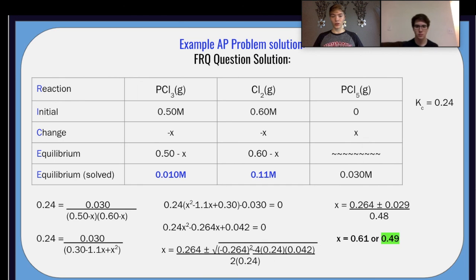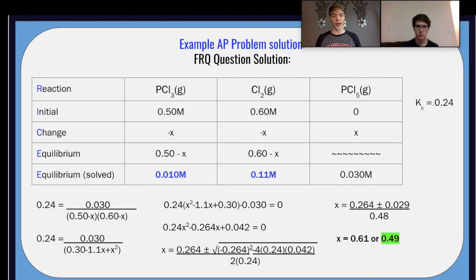Then we do some algebra to solve this, and once you finish solving it, it's going to be x equals 0.64 plus or minus 0.029 all over 0.48. And so we solve this, and we get x equals 0.61 or 0.49.